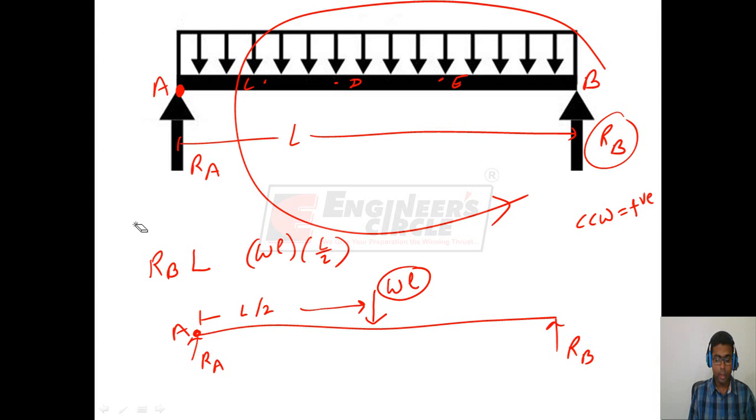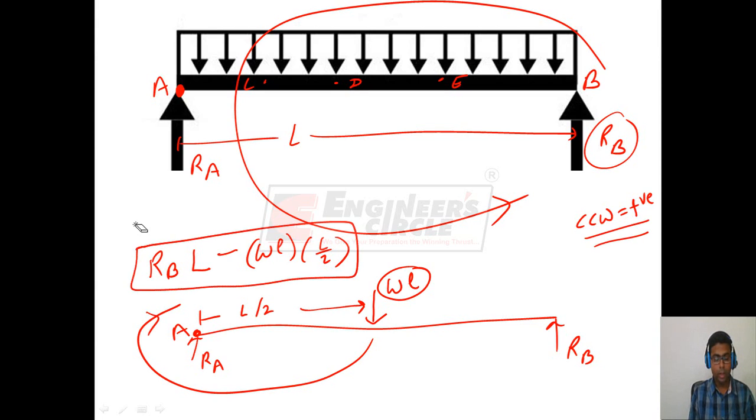Since this moment is trying to rotate the beam in clockwise direction about point A, we will take this as negative because we have assumed counterclockwise as positive. This is the net moment at point A. This net moment must be equal to 0 because this beam is not rotating at point A. So from here we get RB equal to WL by 2.